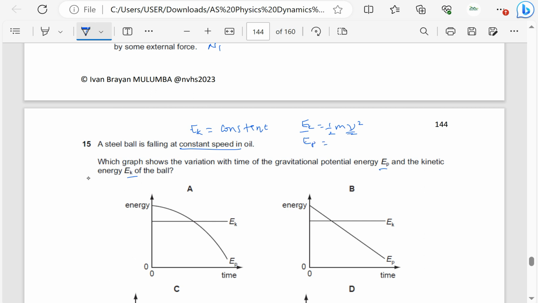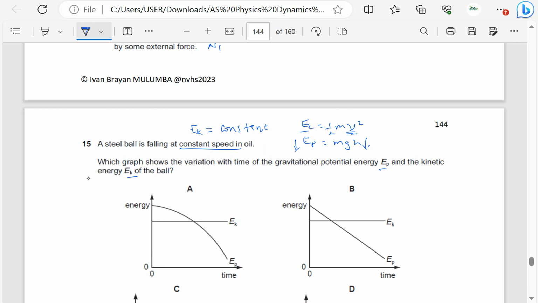Potential energy is equal to mgh. It is falling, h is decreasing, so potential energy must be decreasing. But if h is not decreasing uniformly, since the speed is changing, then this is not going to be a straight line.